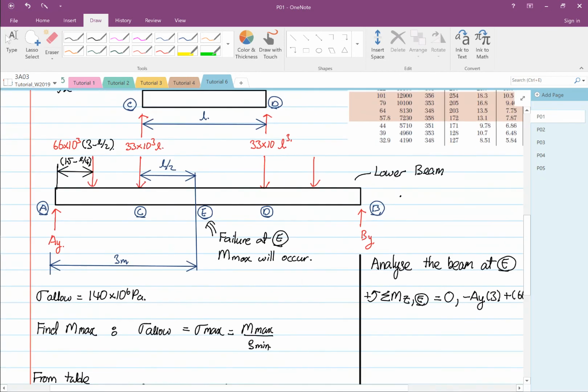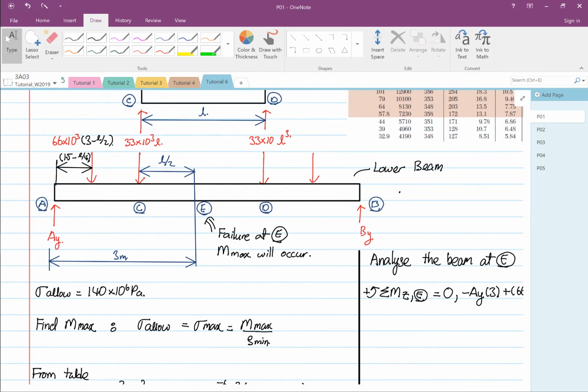What is that distance we are dealing with? Remember, we are taking moment at point E now, so this is where you have 3 minus 1.5 minus L over 4.